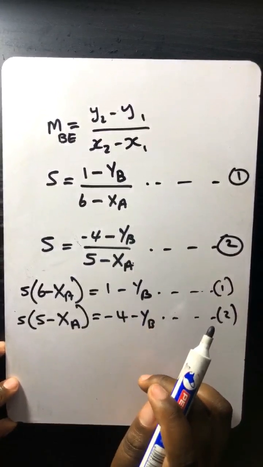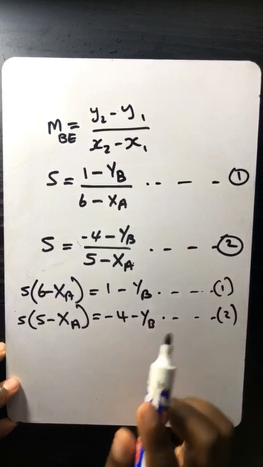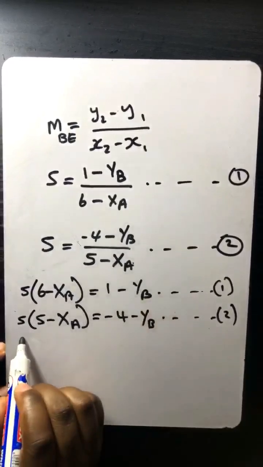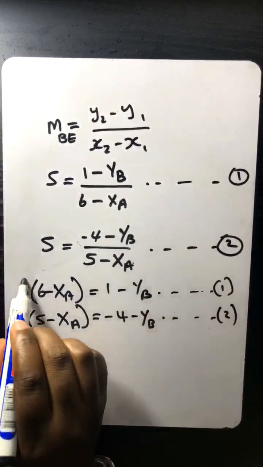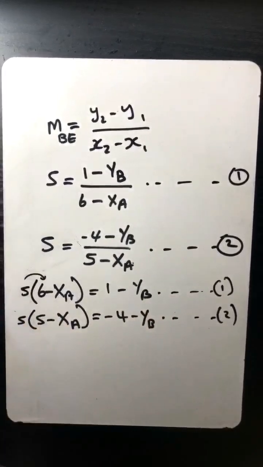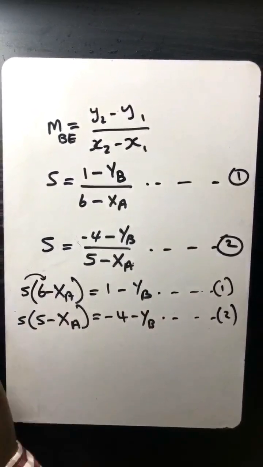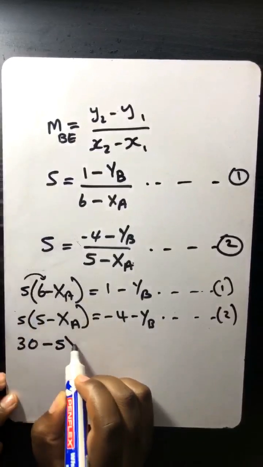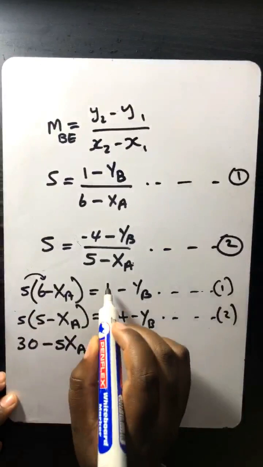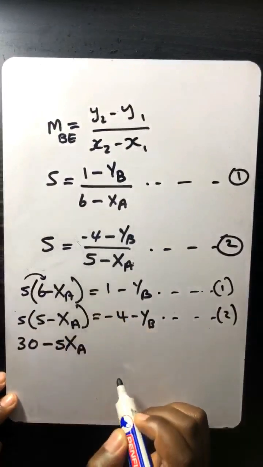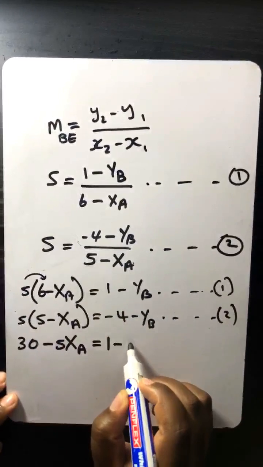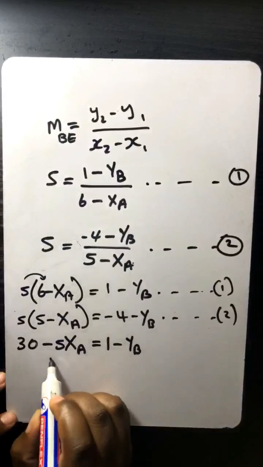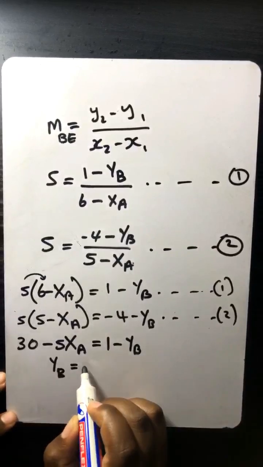So let's make B the subject of the formula. If we make it from there, you're going to have 5 times 6, which is equal to 30, minus that times that, which is equal to 5x at A. And then I will say let's take this to the other side, so that is positive y at B, which is equal to 1.